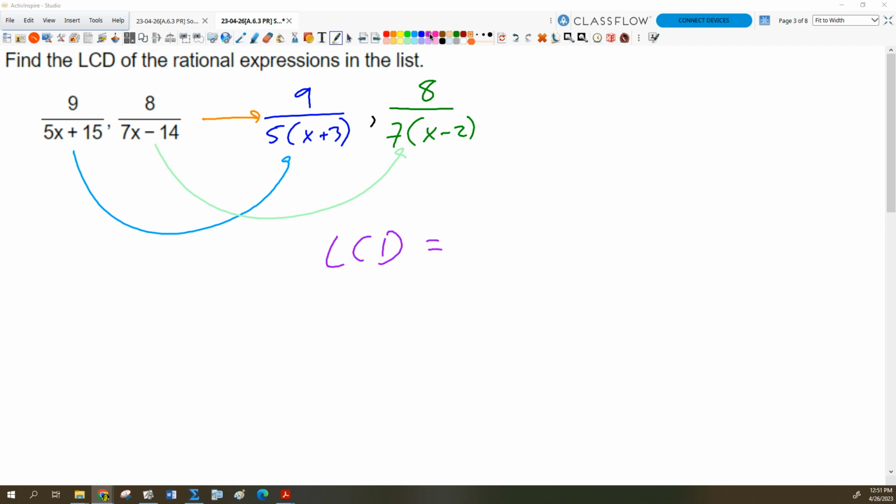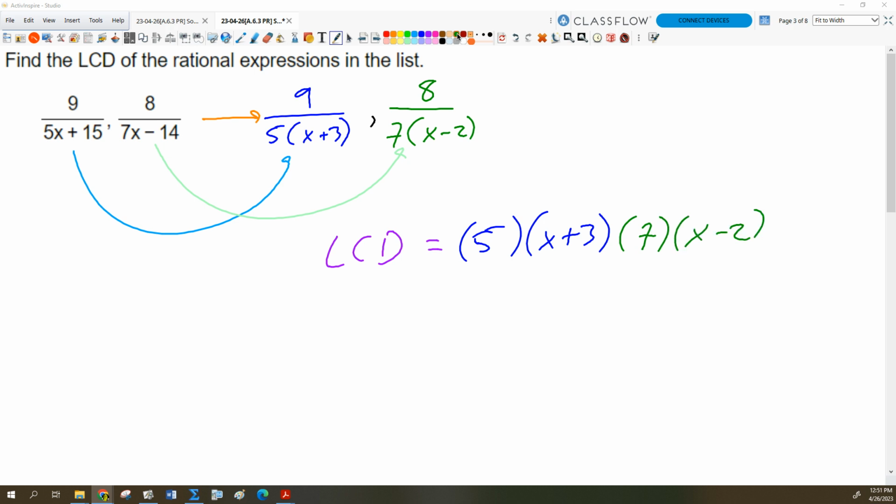Least common denominator, let's start with our first fraction. Tell me a factor I have to include. 5. There's a factor, right? We got to include 5. So we get 5 times x plus 3. Each of those factors has to be included. Now, what about the second fraction? 7 times x minus 2.